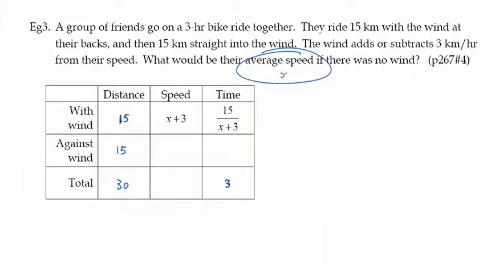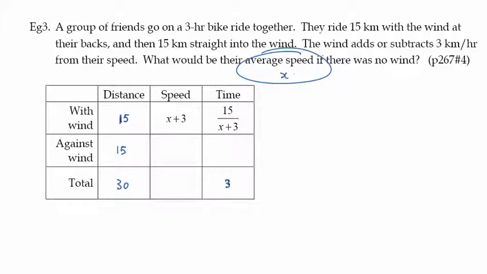Let me call it x. This is what they want us to solve, and I will let x be the average speed in this case. They will get some help from the wind when they ride with the wind.